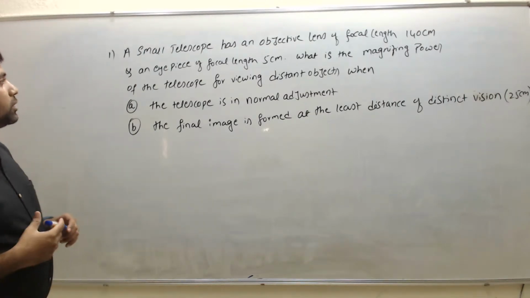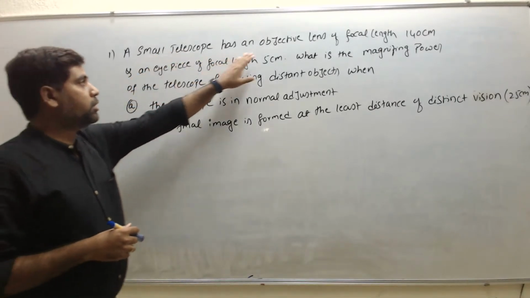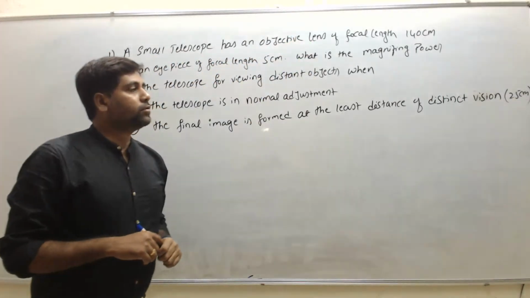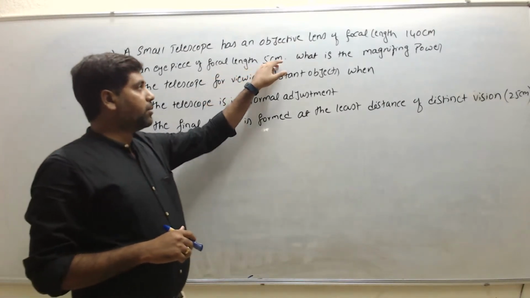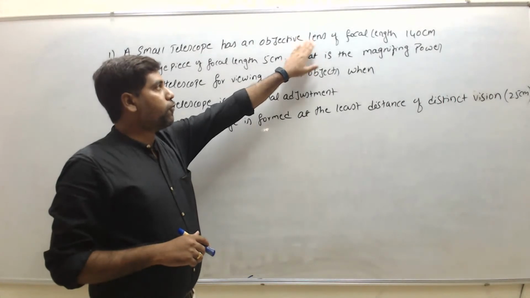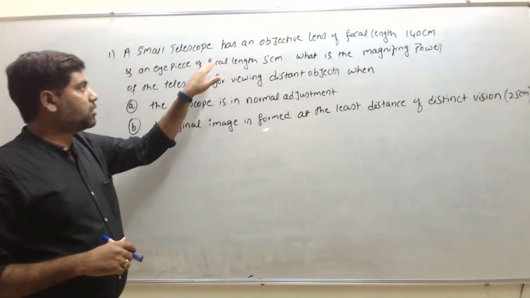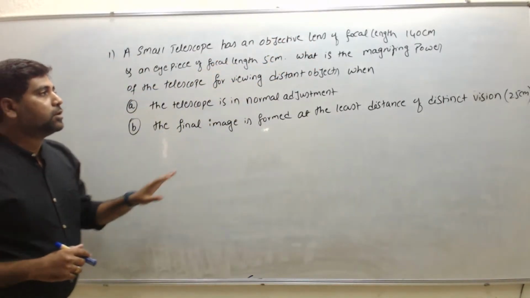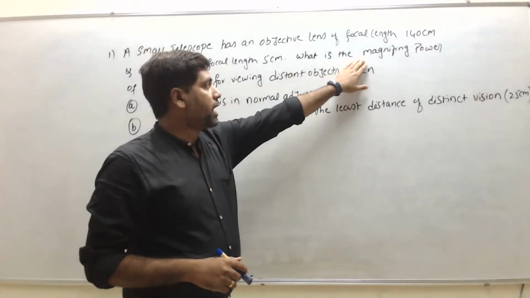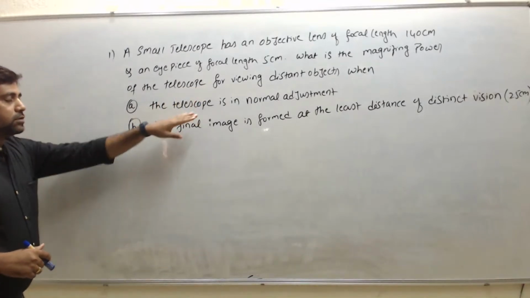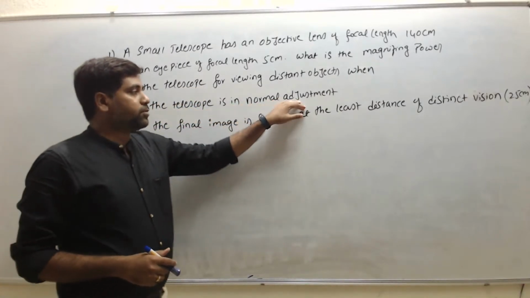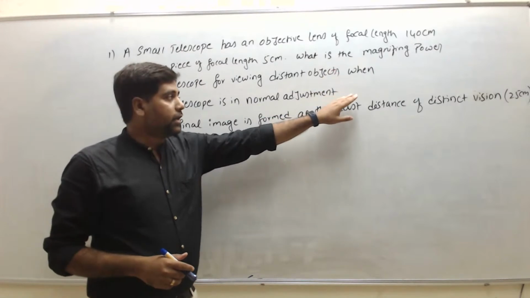So in the problem, they are considering one small telescope. They given the objective lens is 140 centimeter and the eyepiece lens is 5 centimeter. In telescope, the focal length of the objective lens is greater than the focal length of the eyepiece. So here we have to calculate the magnifying power, that is M. For the two cases, the first case is for normal adjustment, that is image is formed at infinity.